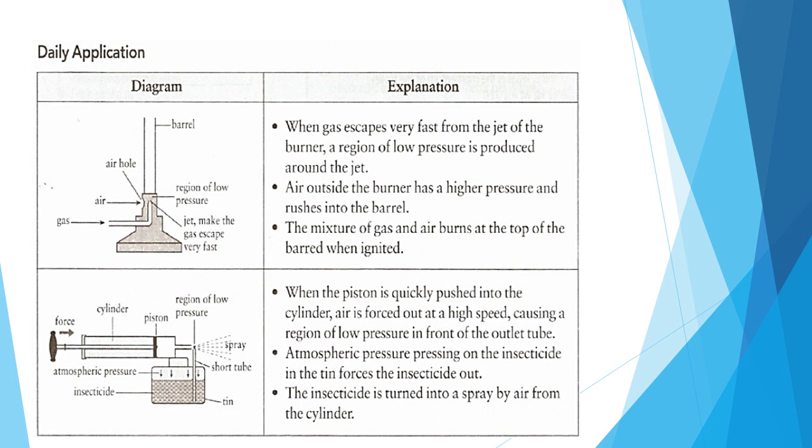Atmospheric pressure pressing on the insecticide in the tin forces the insecticide out, because the pressure here is higher compared to the top of the tube. The insecticide is turned into a spray by air from the cylinder. So this is how the insecticide spray works.